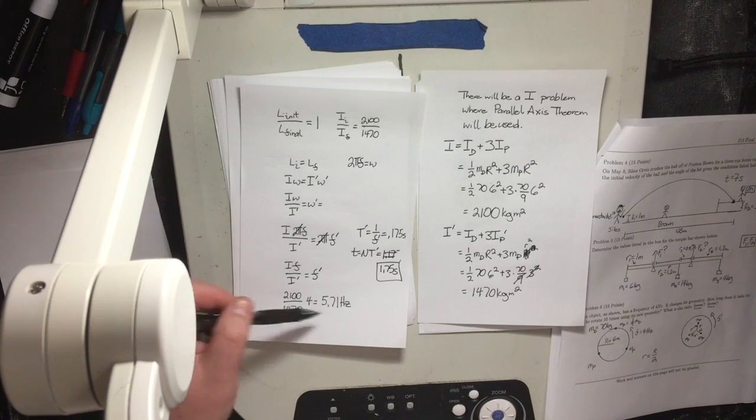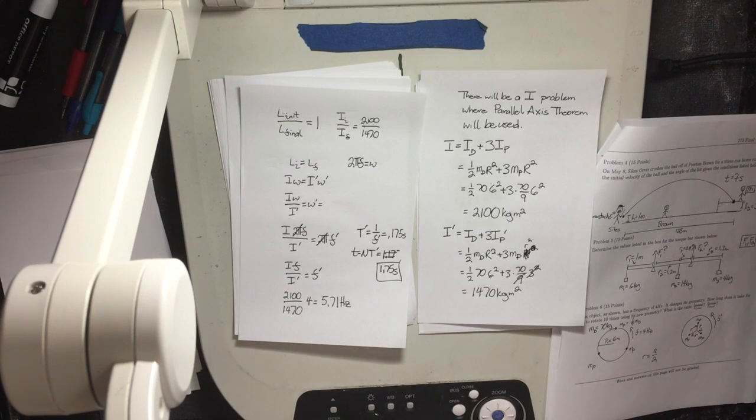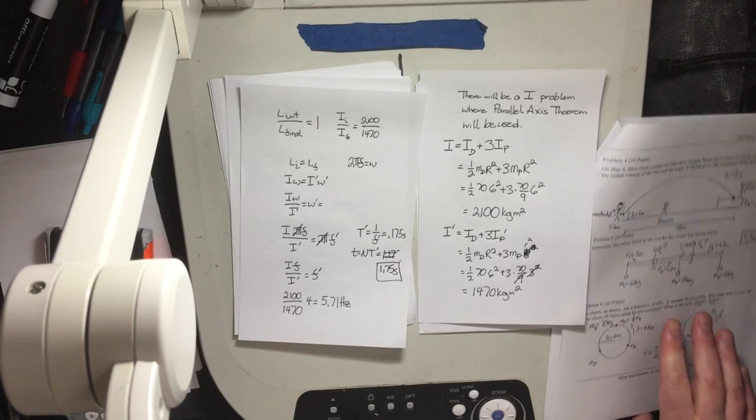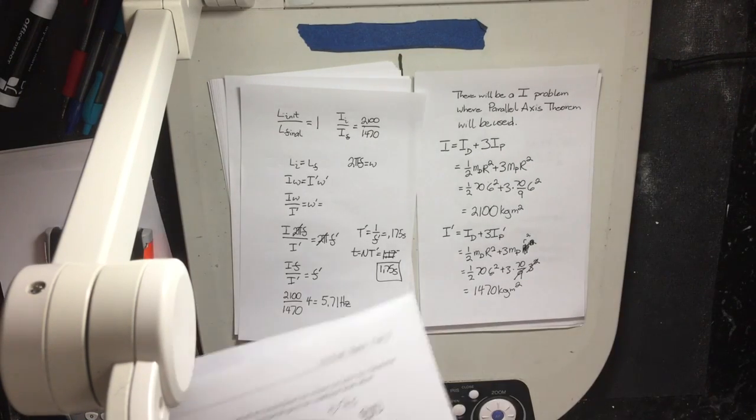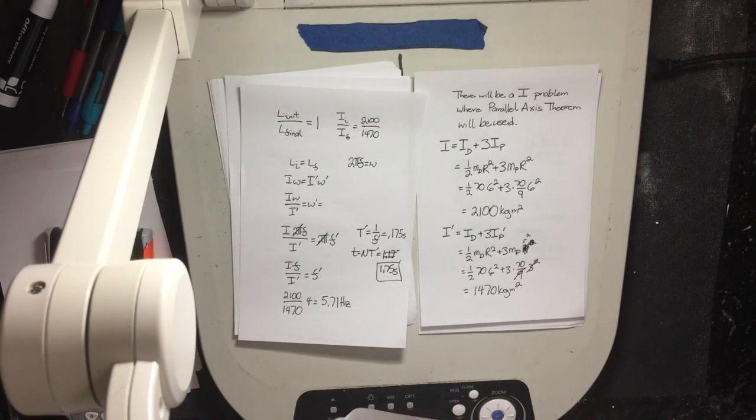So some of the numbers get a little bit weird, but the number at the end ends up being quite nice. And so that is number 6 for the summer 15 final.